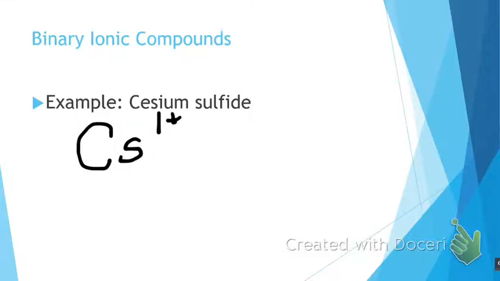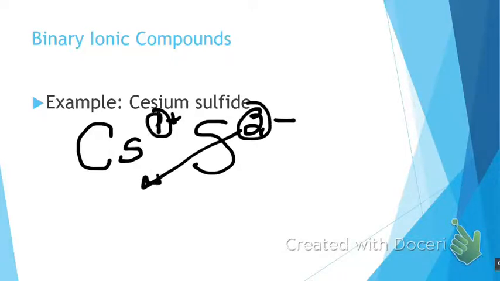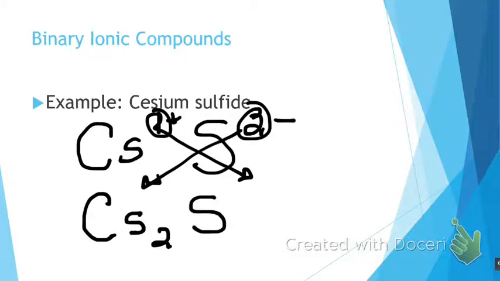Sulfide is in group 6, so its anion is going to be S2 minus. I'm going to use my crisscross method. So the 2 is going to go over there, the 1's going to go over there. So Cs2S is my result for writing my compound for cesium sulfide.